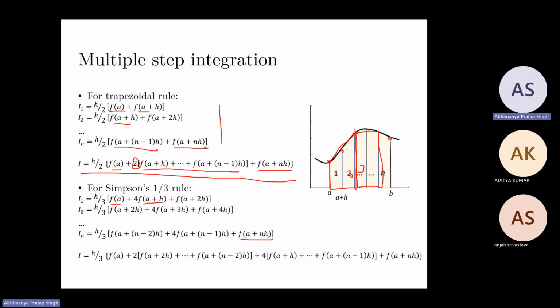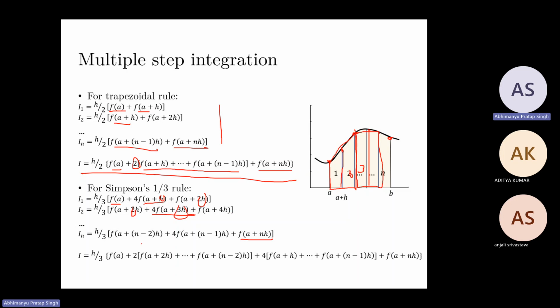So for the calculation of the first one, this point is included 4 number of times. This is once, this is once. When we go to the next one, this point is included once, this point is included once, this point is included 4 number of times. We can see the pattern: all the points which are odd multiples of h are included 4 number of times, and all the points which are in even multiples of h are included 2 number of times.